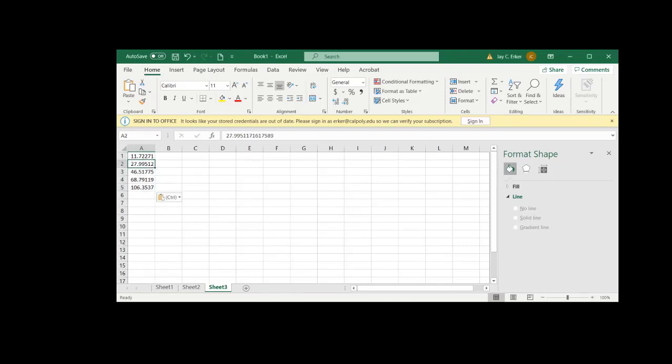What I've got here is some of my data copied over. Let me copy that other data. So that's the kinetic energy data. This is the speed data. We've got to insert, so this is kinetic energy. This is velocity, and the equation we're trying to represent here is kinetic energy equals 1/2 mv squared.